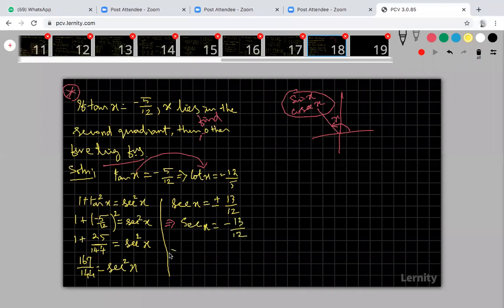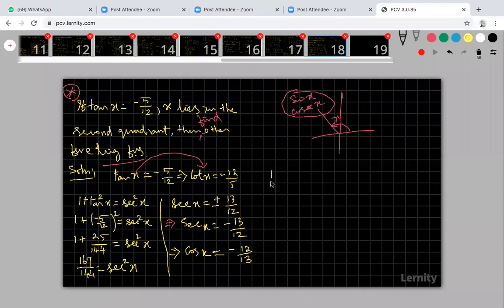Right. What about your cos x? Cos x is the reciprocal of secant x. So my cos x is equal to minus 12 by 13. Right.